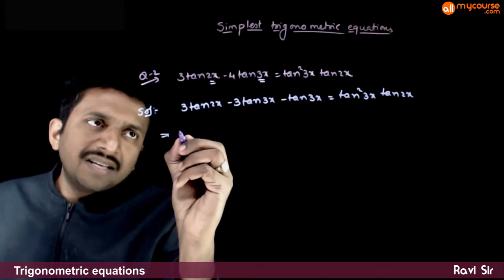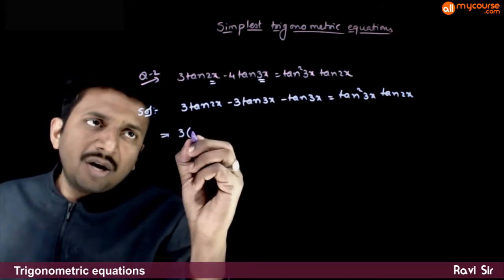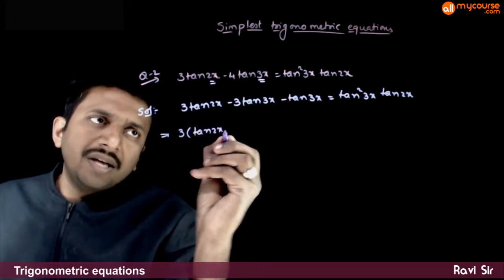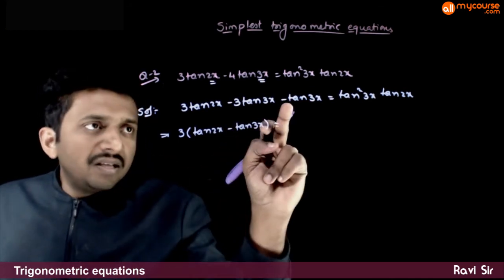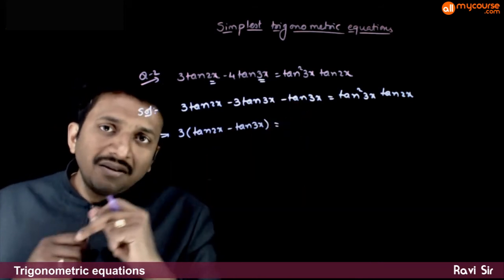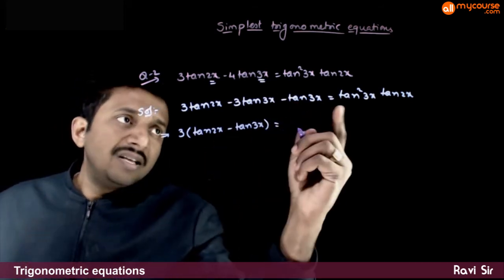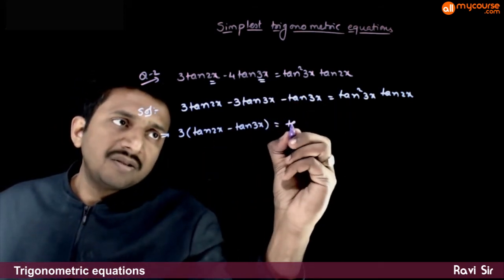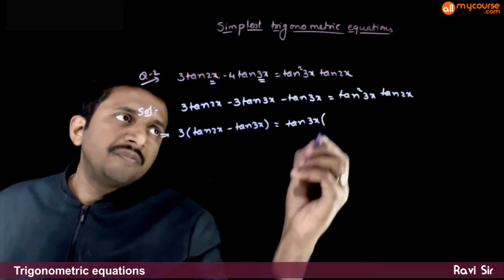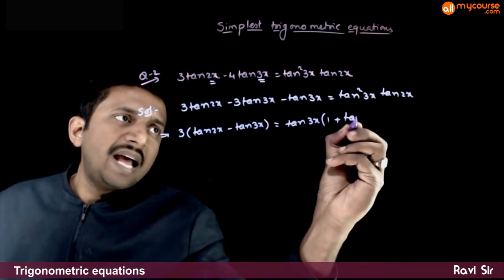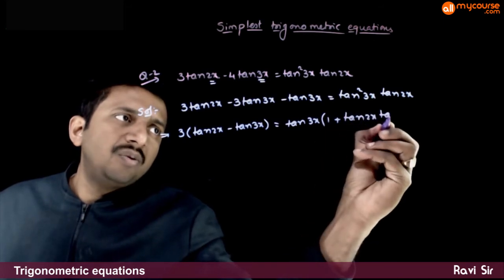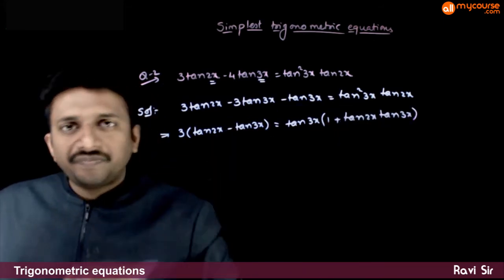So this implies, if you take 3 as common, you have 3 times tan 2x minus tan 3x is equal to, if you send minus tan 3x to that side, you get plus tan 3x. So you have tan 3x in both the terms. If you take tan 3x as common, you have 1 remaining here plus tan 2x into tan 3x.